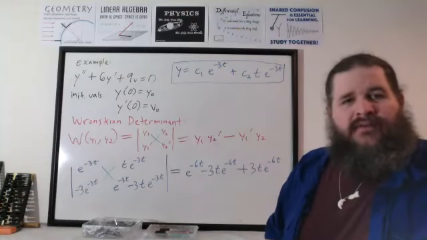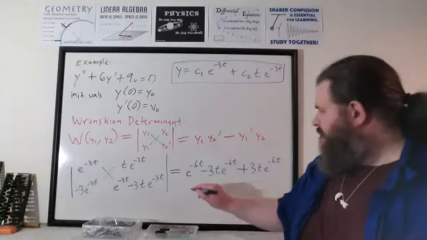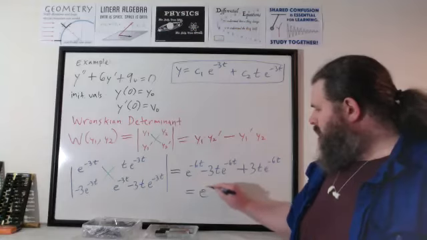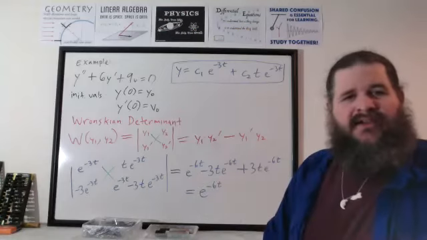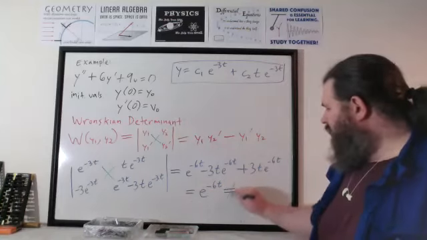When we simplify that, what's going to happen? The 3t terms will go away and you'll just end up with e to the negative 6t. Is that ever going to be 0? No. So that is never 0.